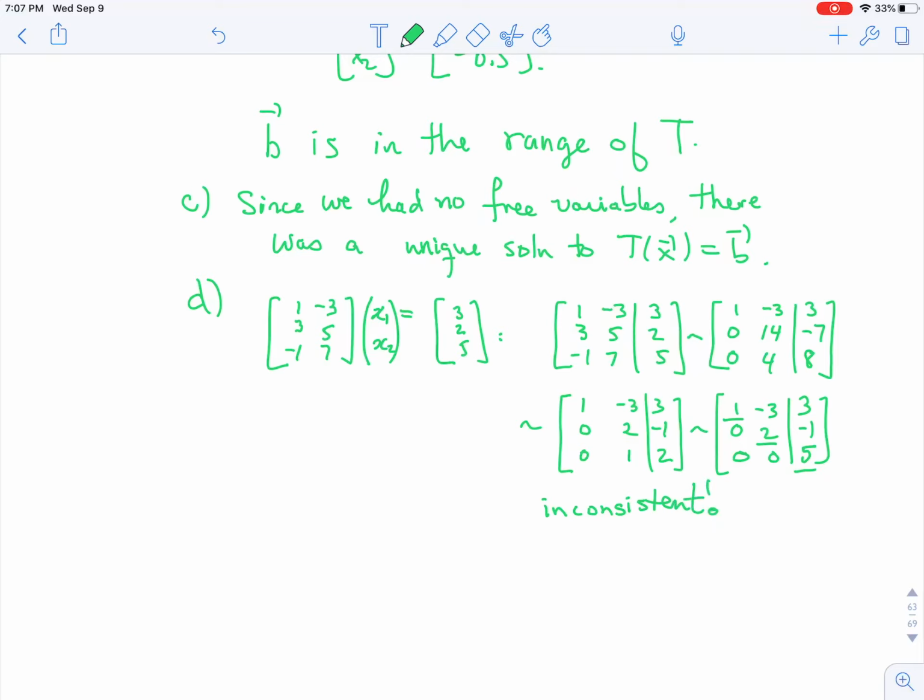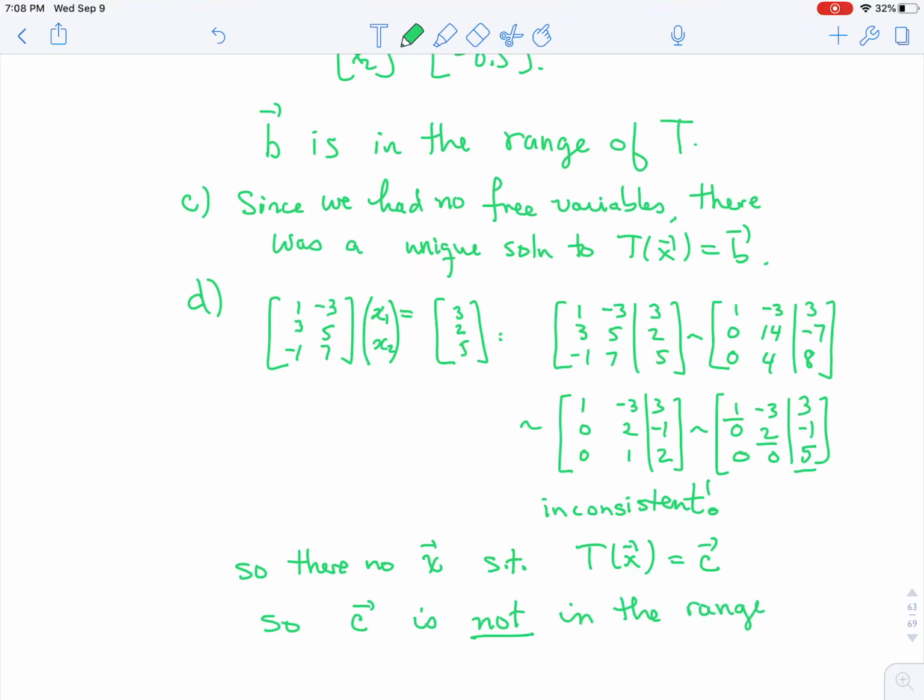So there is no x such that T of x equals c. So c is not in the range of T.